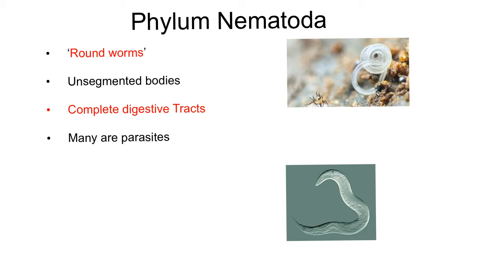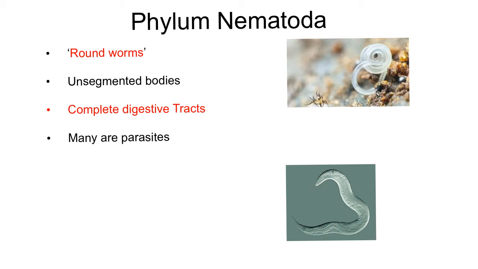Now these roundworms also have bilateral symmetry because we can draw a line down their midline. But they're different from our flatworms because they finally have a complete digestive tract, which means they have a mouth and an anus. So food comes in one space and exits as waste out another area.